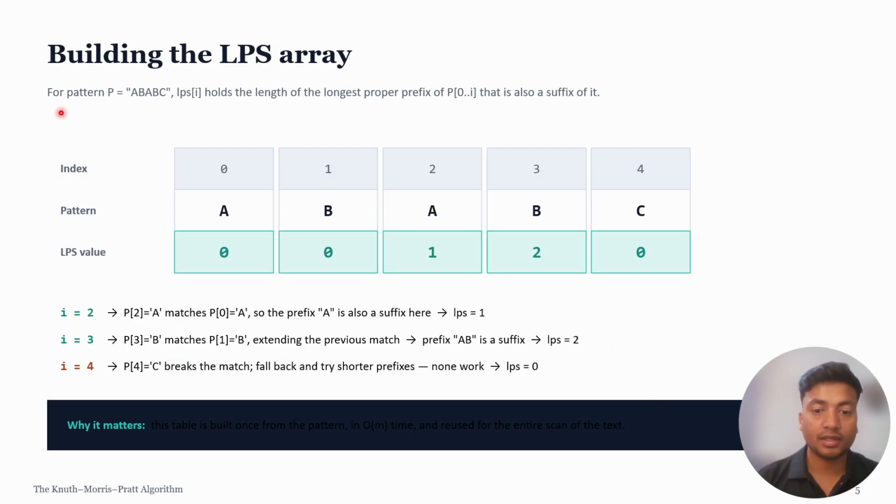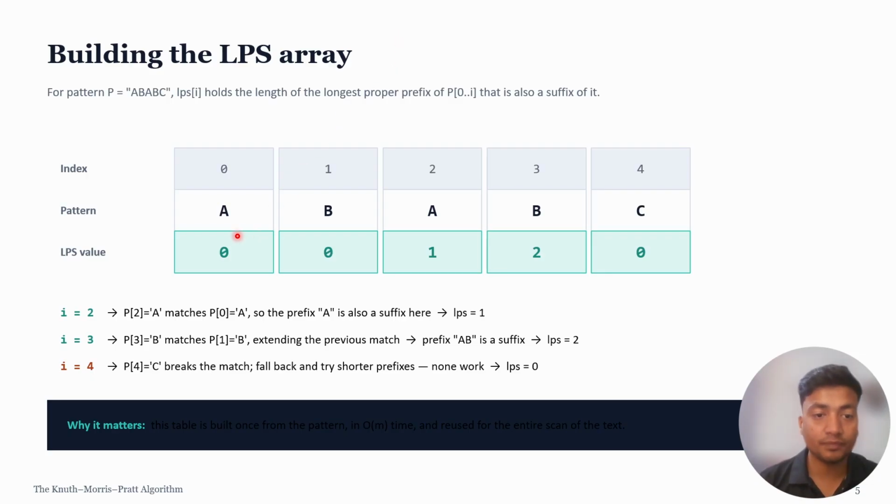In this slide, we will learn about the LPS array, building the LPS array. LPS stands for longest prefix which is also a suffix. The LPS array tells us how many characters can still be considered matched after a mismatch.